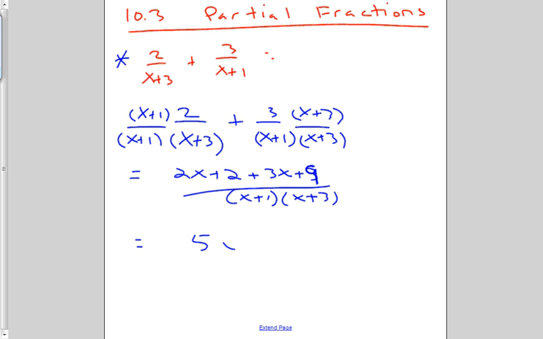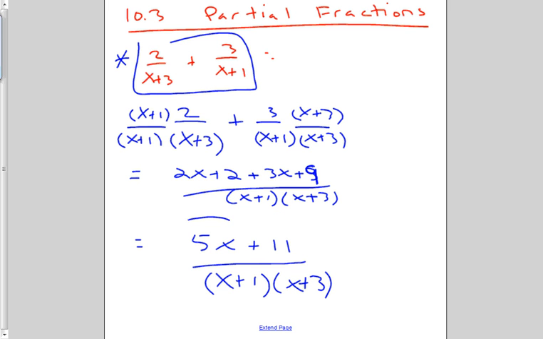So we get 5x plus 11 all over x plus 1 times x plus 3. So what we did is we took two separate fractions and consolidated them, condensed it into one fraction.